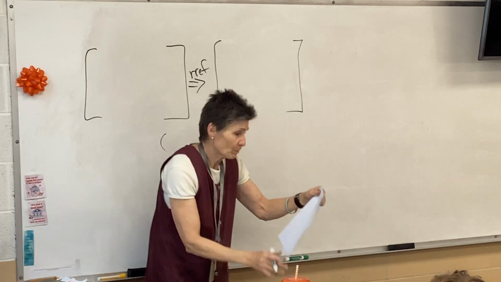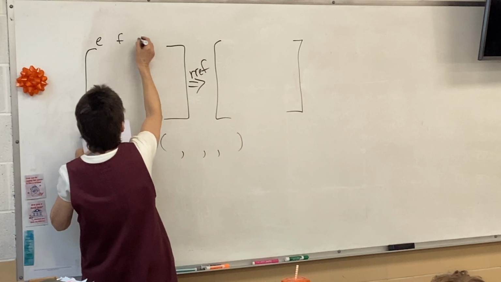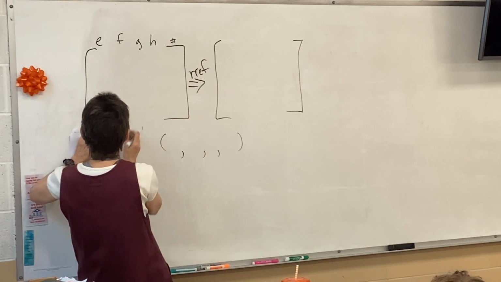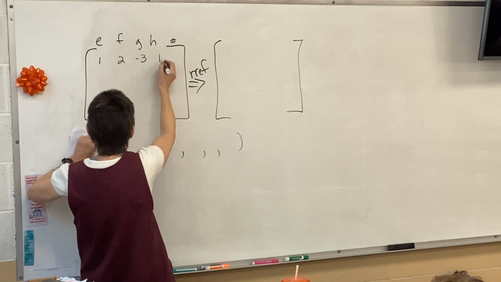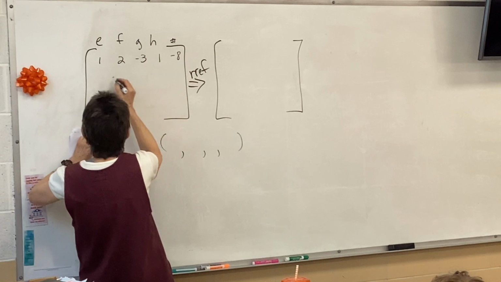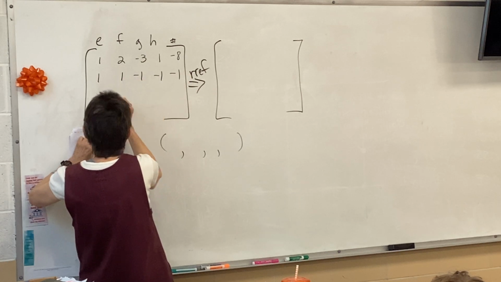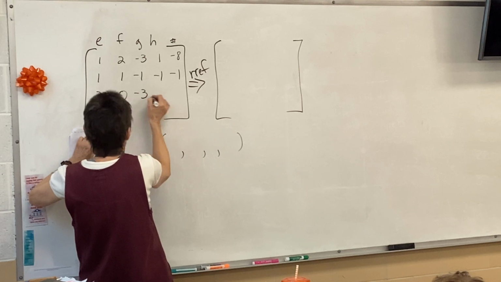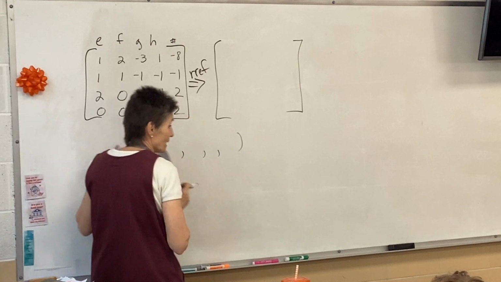Now be careful when you're putting in your in matrix here. This time we have E, F, G, H, and then our equals number over here. So keep everything lined up. I have my in matrix.